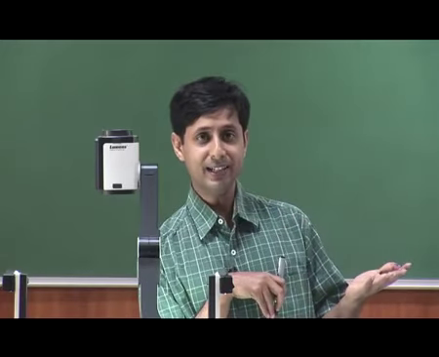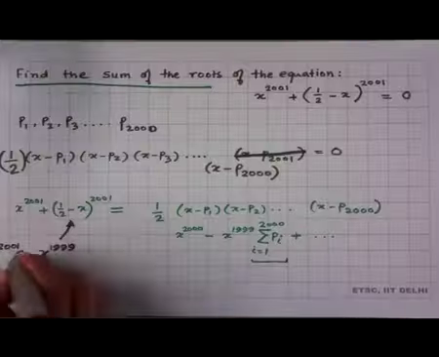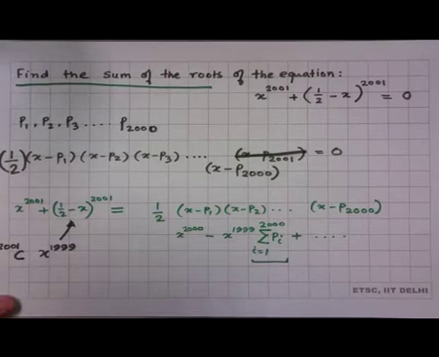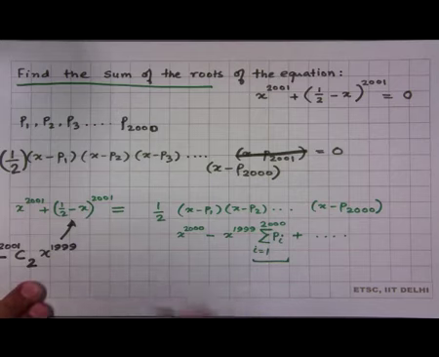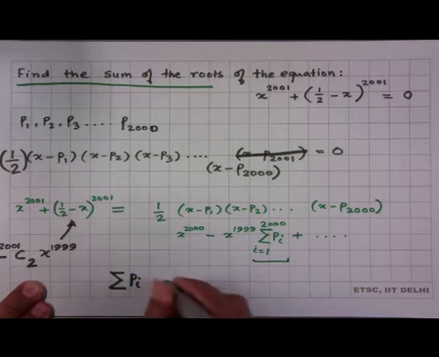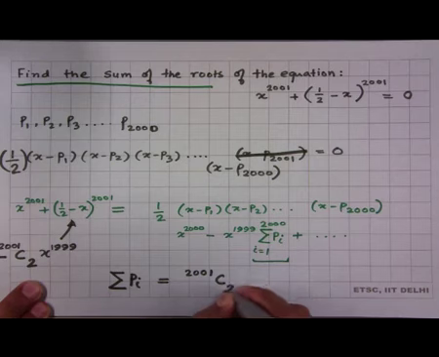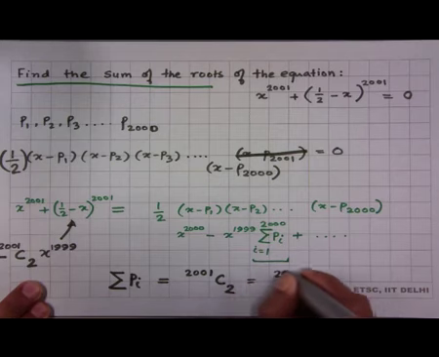And what is that going to be? 2001 choose 2. So, what is your final answer? Your final answer is sigma pi is equal to 2001 choose 2, which is nothing but 2001 into 2000 by 2.